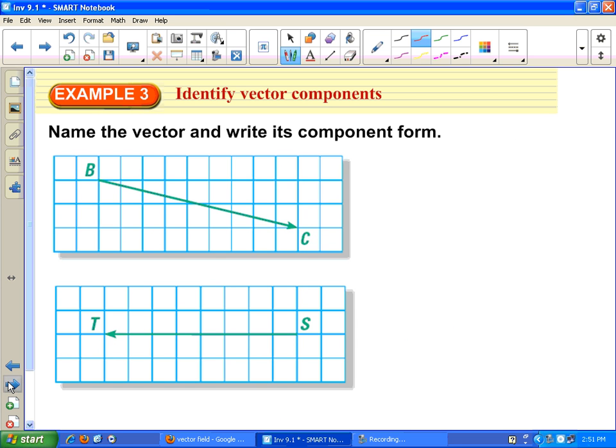All right, here we go. We need to identify the vector and write its component form. So what's my vector for the first one? BC. And what's my horizontal component for this vector?